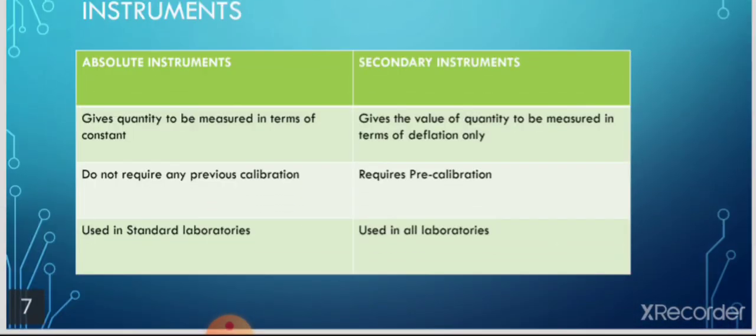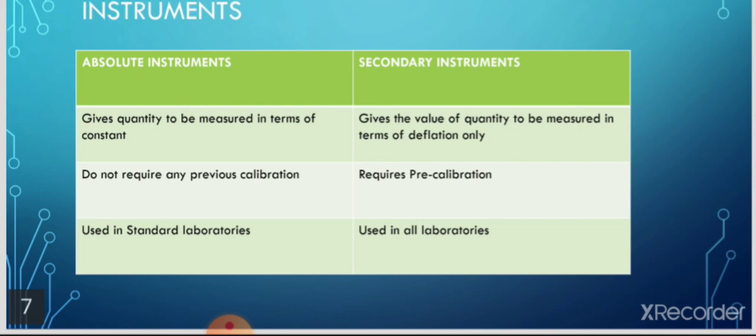Let us see the difference between absolute and secondary instruments. As I just said, in absolute instruments the quantity measured is constant, whereas secondary instruments give the value of the quantity to be measured in terms of deflection only.